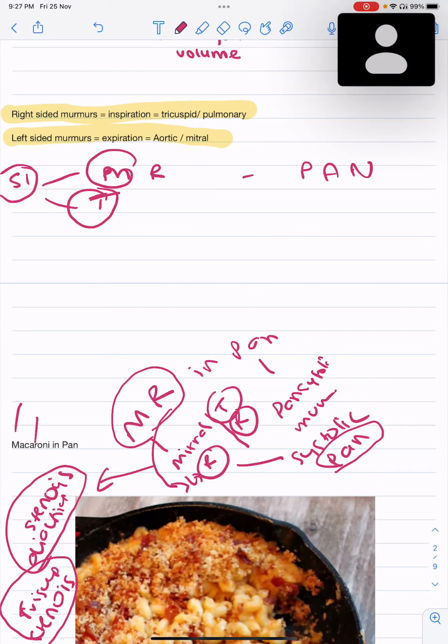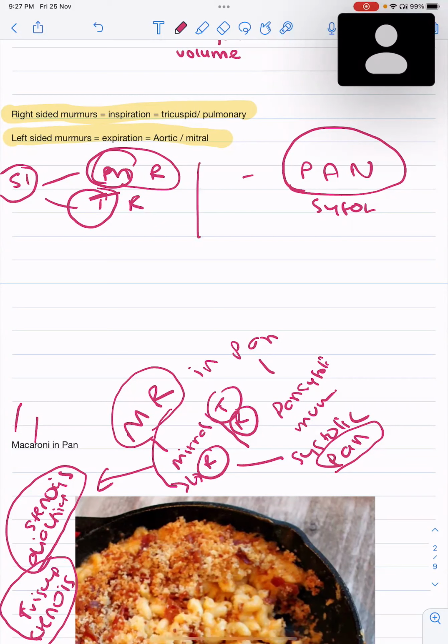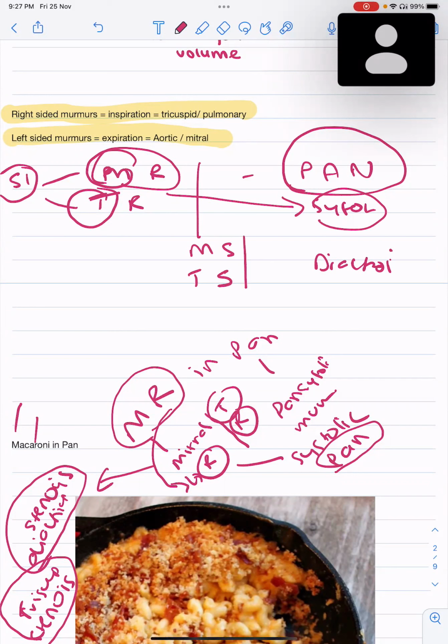So their nature is the same. Whenever a pansystolic murmur comes in the exam, it could be either mitral regurgitation or tricuspid regurgitation. Since regurgitation of mitral and tricuspid is happening in the systolic phase, in the diastolic phase it could be either mitral stenosis or tricuspid stenosis, completely opposite to each other.